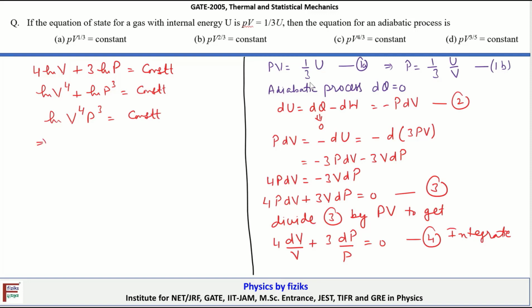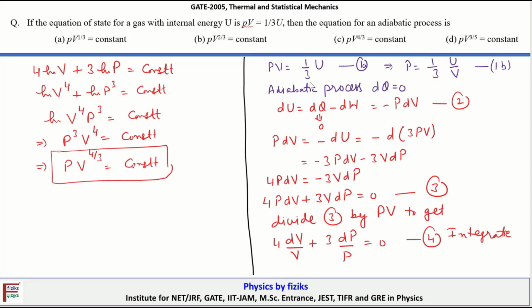So this implies p power 3 V power 4 is constant, or I can write p V power 4 by 3 equal to constant. So that means the correct option is C here. That's the required equation describing the adiabatic process.